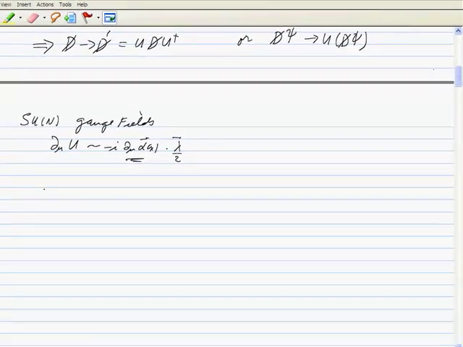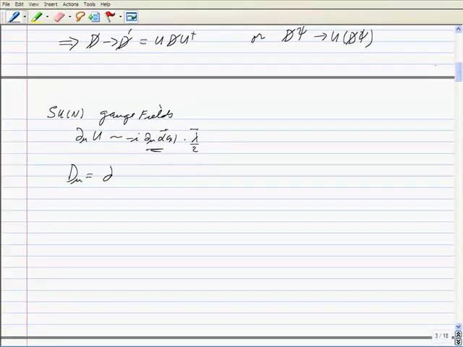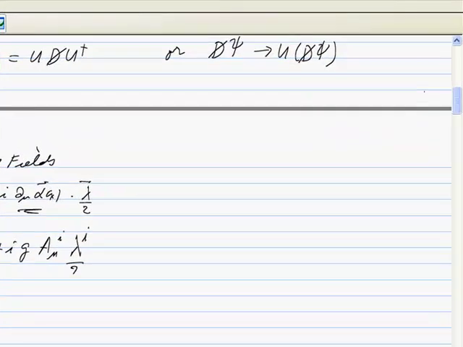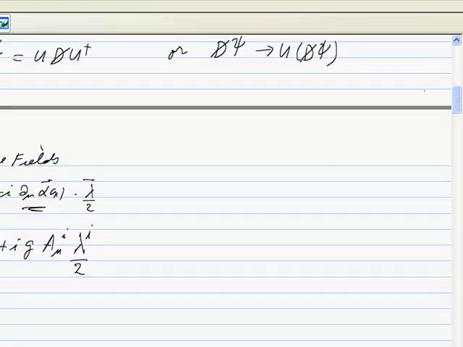The obvious thing to do is to take D mu as d mu plus i g A mu, and we'll put a factor of 2 there also. Then when d mu acts on U, you can cancel it by a gauge transformation of A.